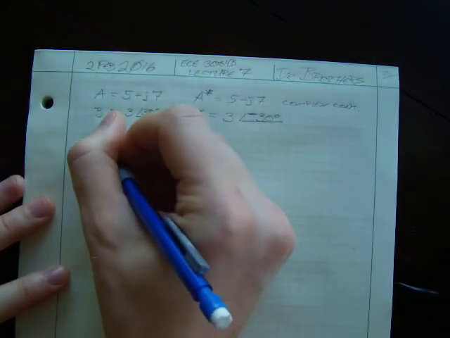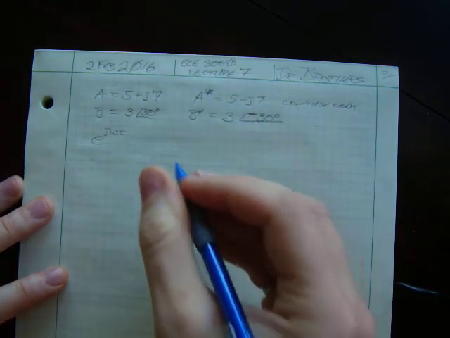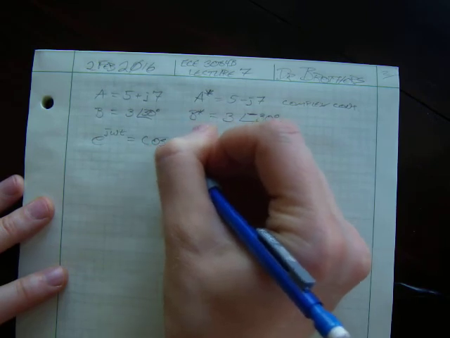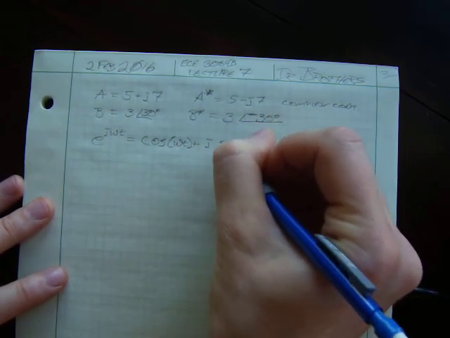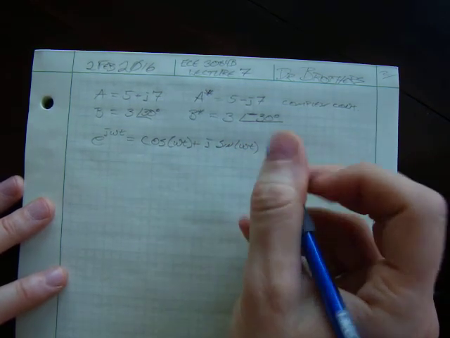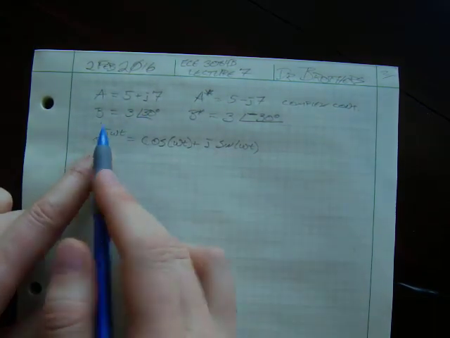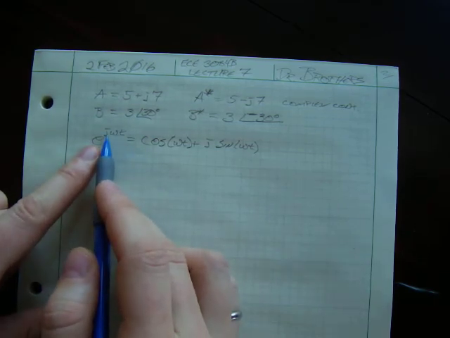So for our example, what is our complex number? We have e to the j omega t, which is equal to cosine of omega t plus j sine omega t. This is another way of writing a polar number, where the magnitude is 1 and this exponent is the angle.